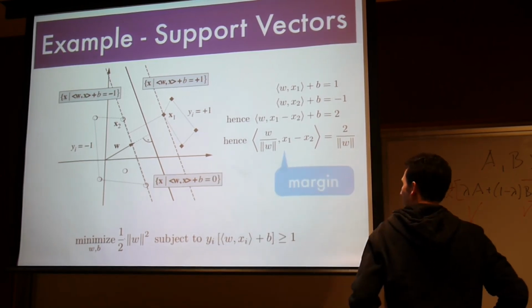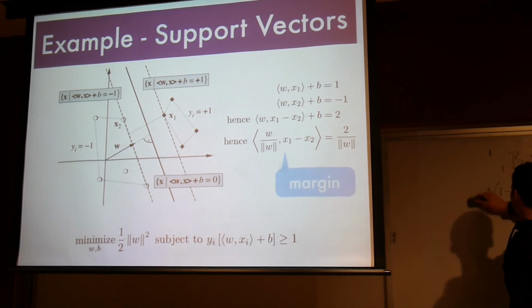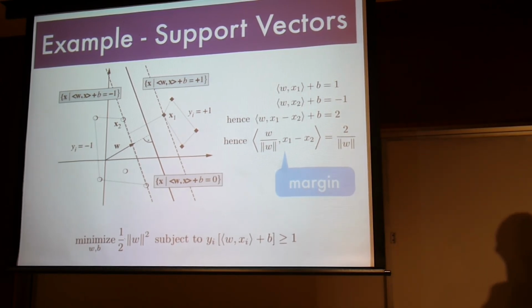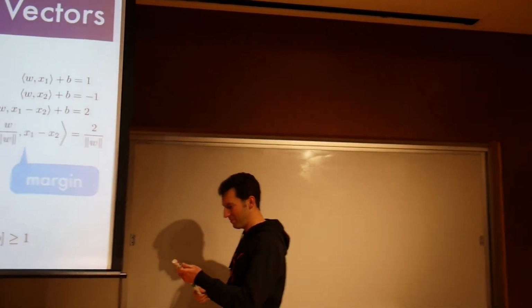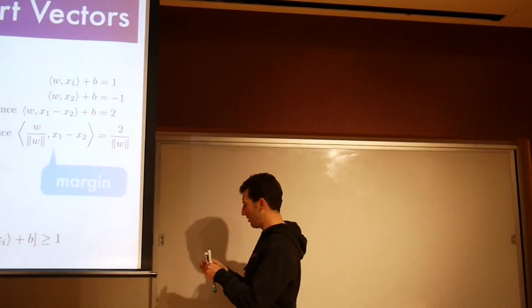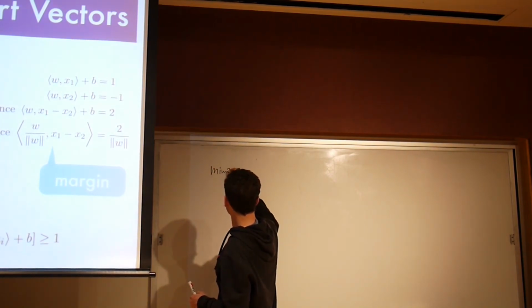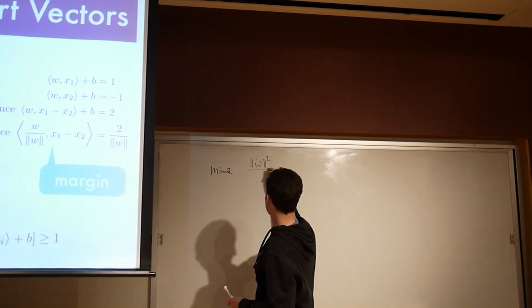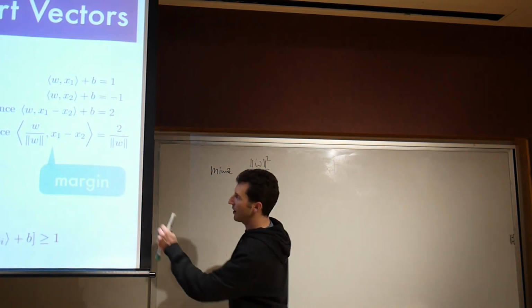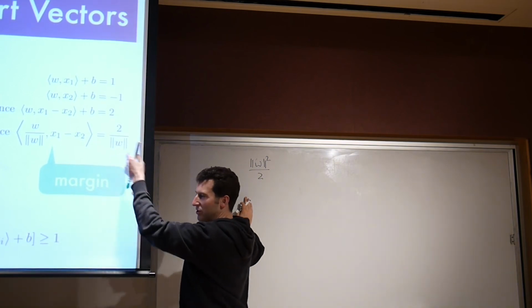Now, maximizing 2 over the norm of w is the same thing as minimizing 1/2 norm of w squared. Right? So we minimize norm of w squared over 2, as opposed to maximizing 2 over the norm of w. Nothing has changed.